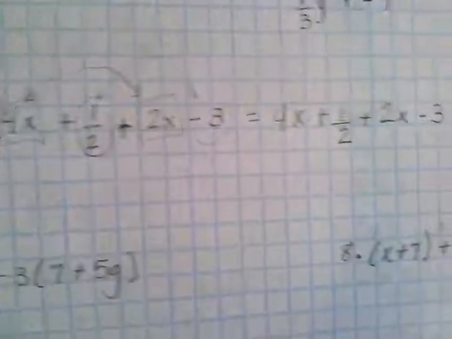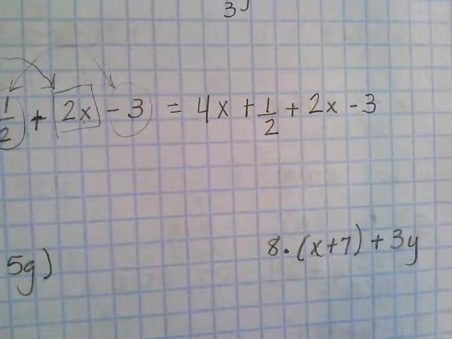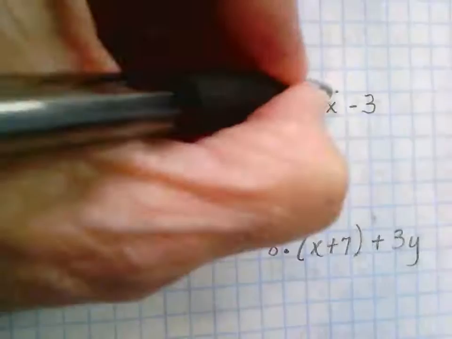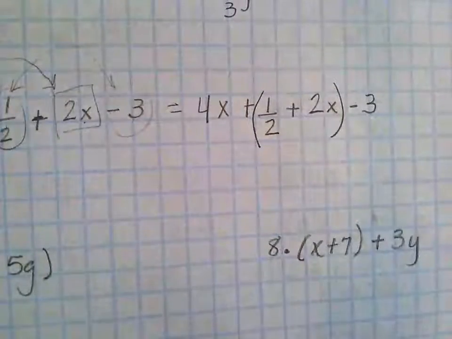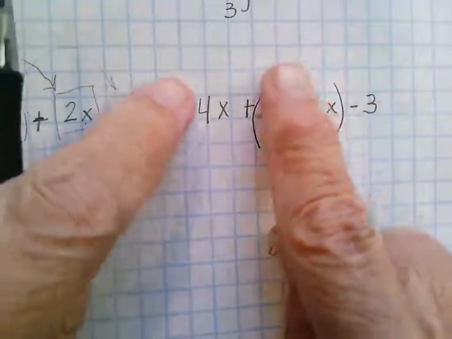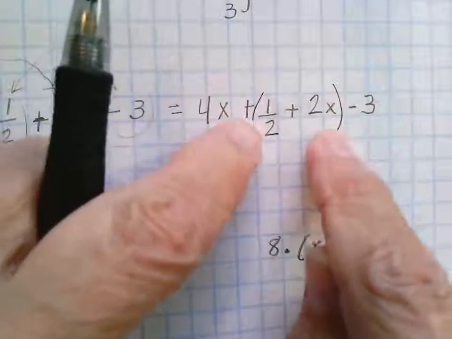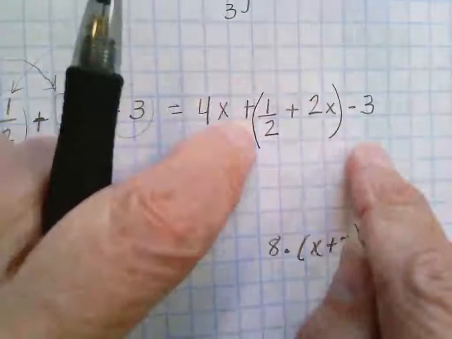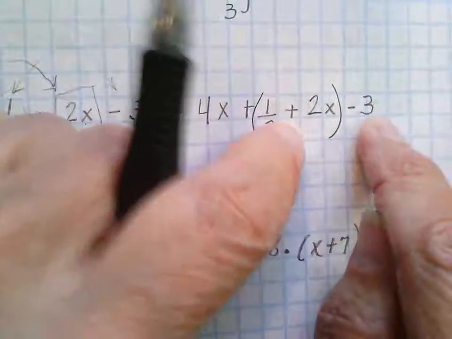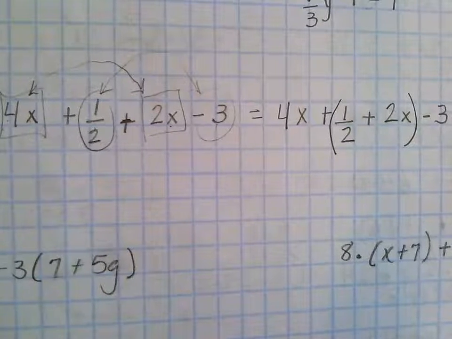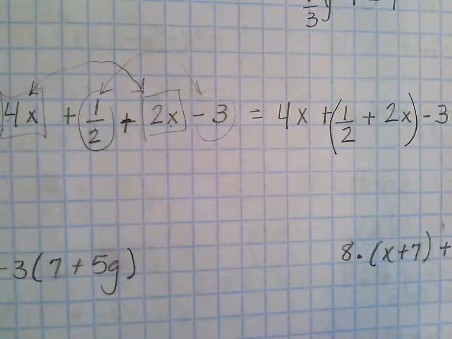And I'm just going to put in a set of parentheses somewhere. I'll just put my parentheses right here. Now, you could put your parentheses right here. You could put them right here. You could put them as I did. You could put them right there. You could put them here. Anywhere you wanted to put those parentheses, that would be showing the associative property.